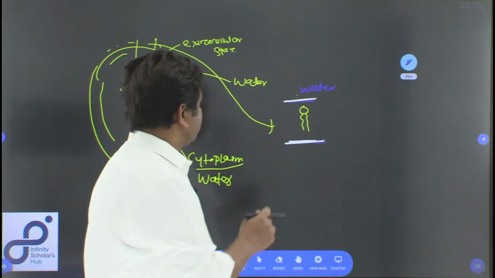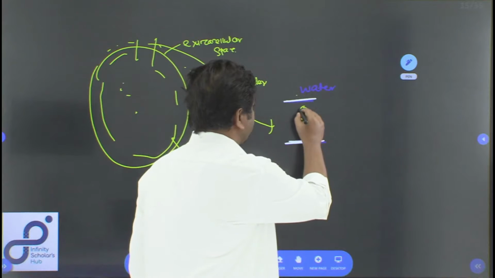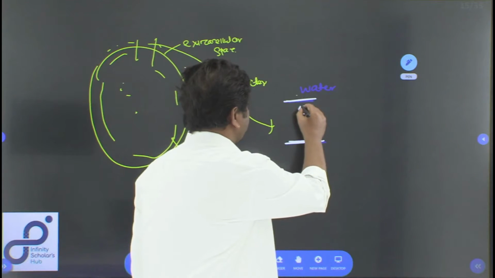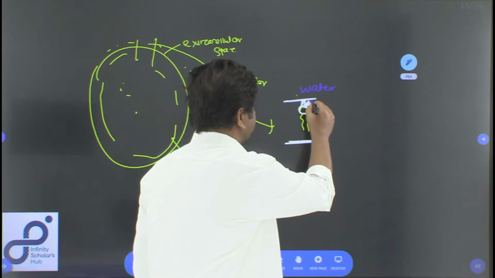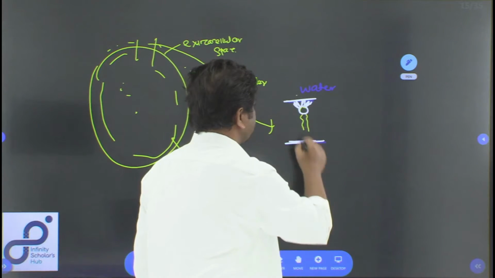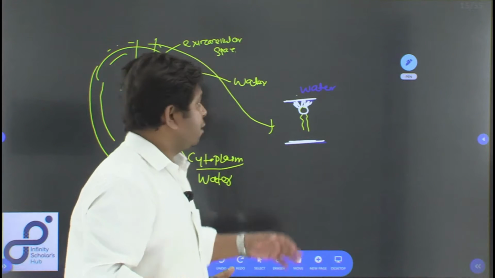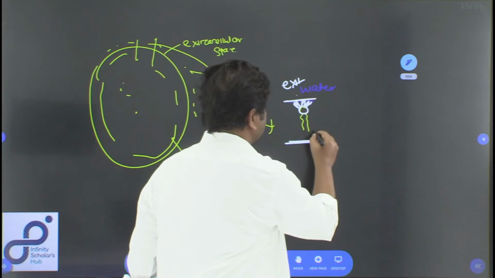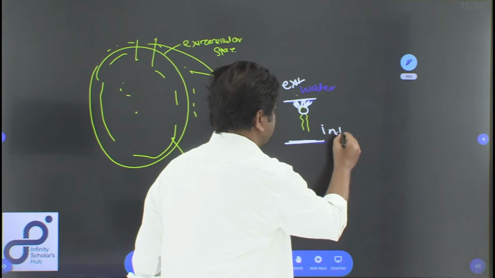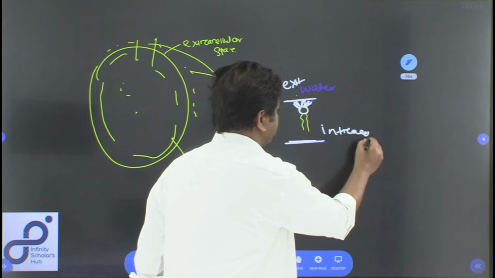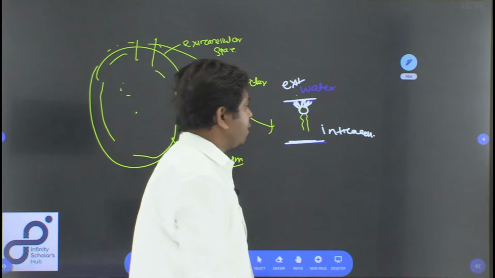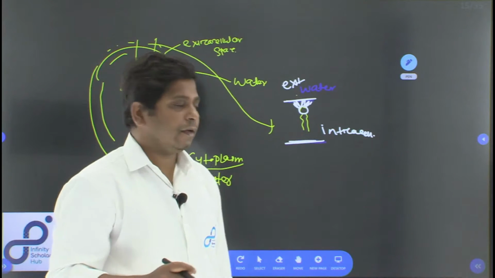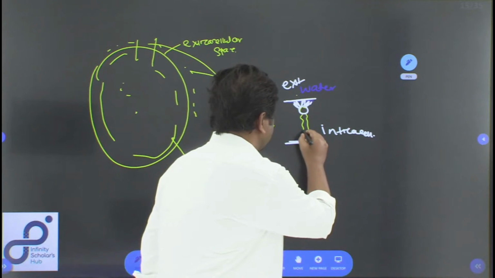As I have already told you, the head part is hydrophilic. As it is hydrophilic, it will associate with this part, no problem. So association with this part becomes easier. So this is the extracellular part and this is the intracellular part. But in this kind of arrangement, the intracellular interaction is not going to be there, because this part is water and this part is oil.